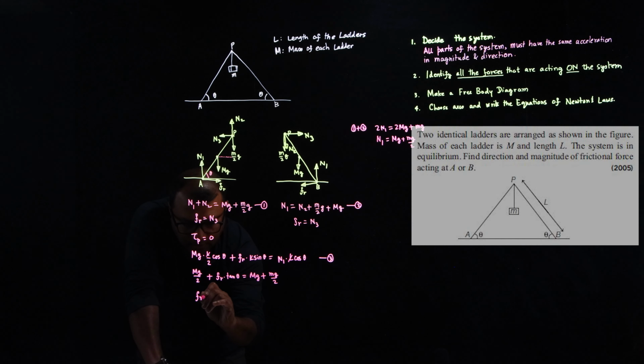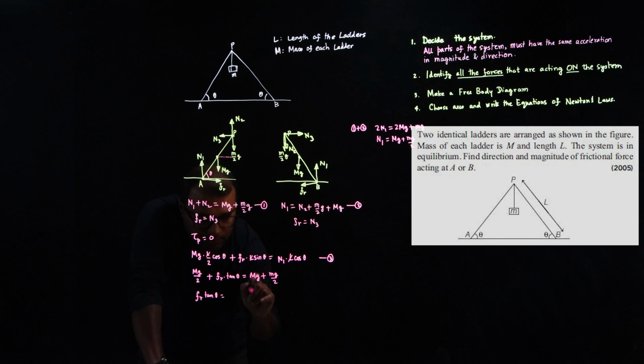So Fr tan theta is, if I bring this one here, mg by 2. So basically we can write (m plus m by 2)g.